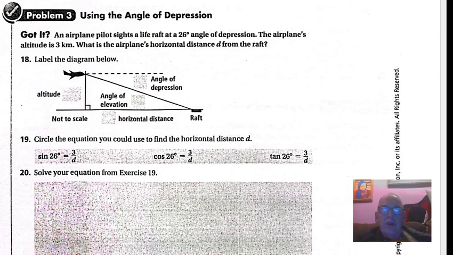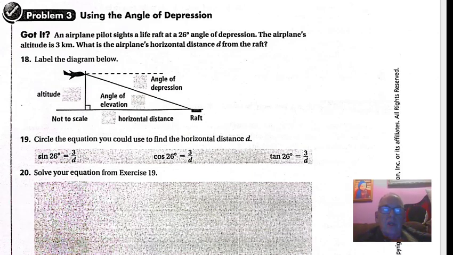This dotted line out here would be the person on the airplane's eye level. So down from that eye level, angle of depression, up from the raft person's eye level, angle of elevation. But both these angles are congruent to each other because we have parallel lines cut by a transversal with alternate interior angles that have to be congruent.